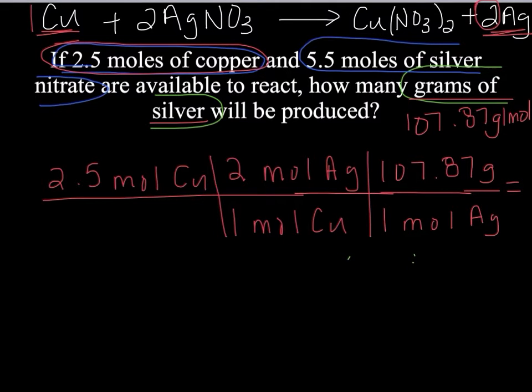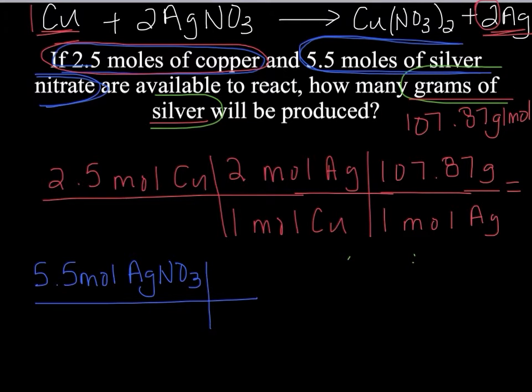So, in my next T-table, I'm going to go from 5.5 moles of silver nitrate to grams of silver. So I'm going to start off with my 5.5 moles of AgNO3. My first step is to use my mole ratio, which is a 2 to 2 ratio.